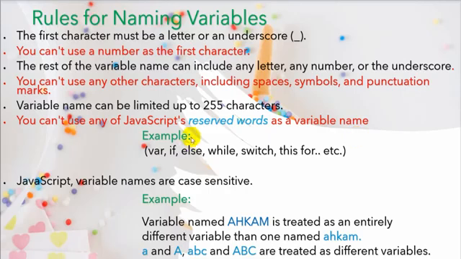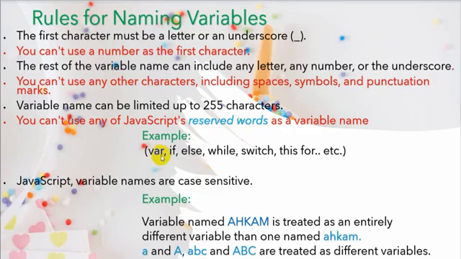Please pay attention, you can't use any of the JavaScript reserved words. JavaScript has n number of words which are reserved for certain meanings. So you cannot use them as a variable. For example, right now we have seen only one reserved word, that is var. Var is a keyword which is used to declare a variable.